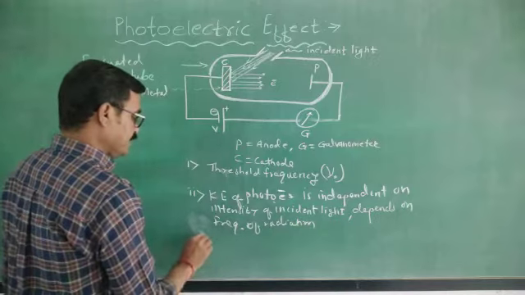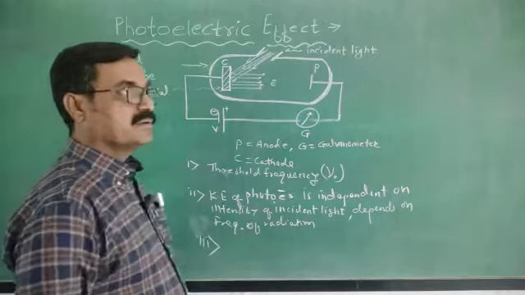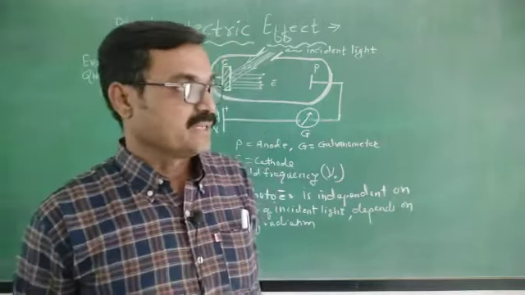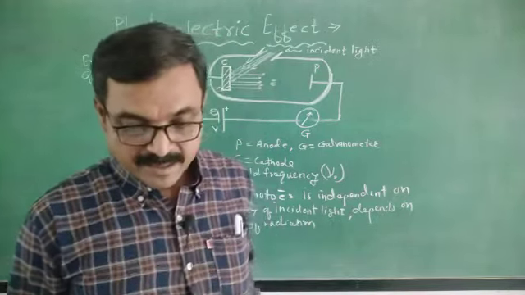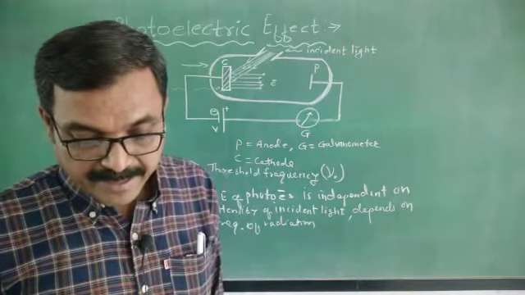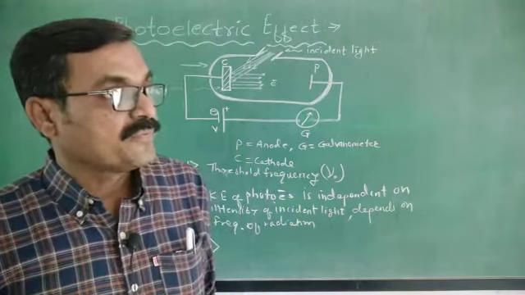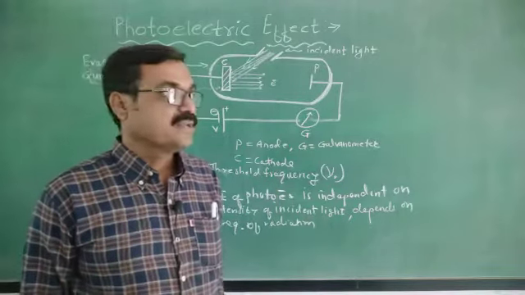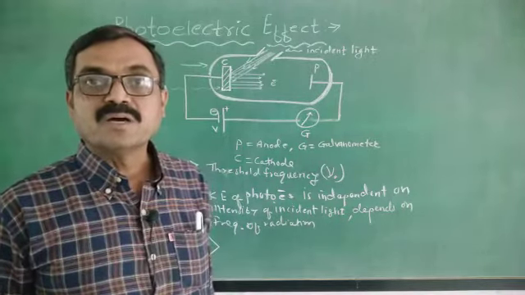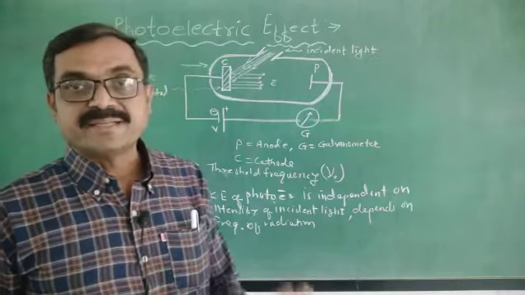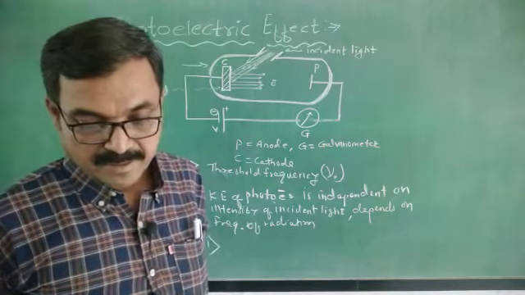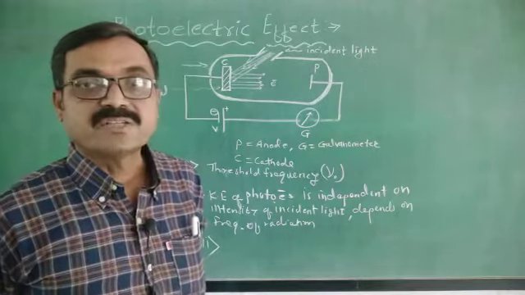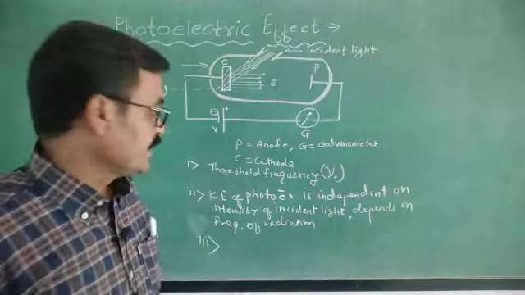And third point, these different metals have different frequency, no doubt, but the third point is that the number of electrons ejected from the metal surface is directly proportional to the intensity of incident light. The more the intensity of incident light, the more electrons are ejected from the metal surface.